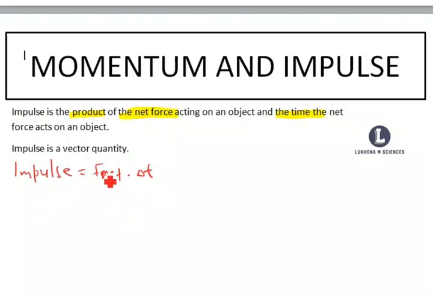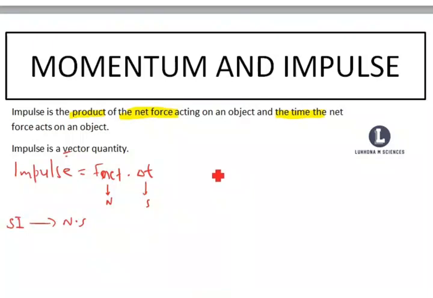So the SI units for the net force, the newtons, then the time, seconds. Therefore, the SI units for the impulse will be Newton second. Remember, I said it is a what? A vector quantity.